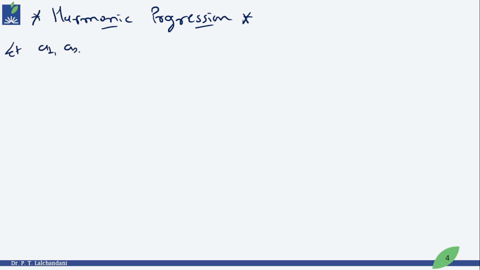For that, let A1, A2, A3, A4 and so on be non-zero numbers, right? We are taking A1, A2, A3, A4 to be non-zero numbers.